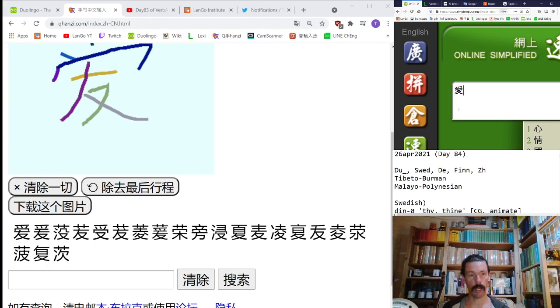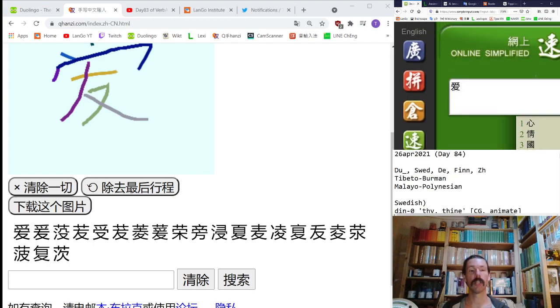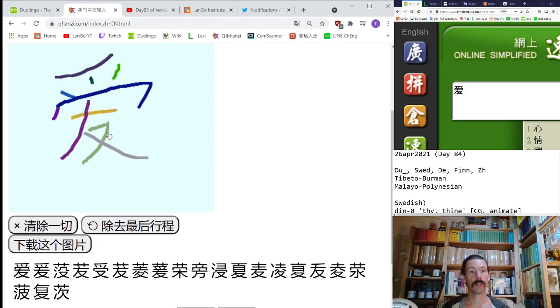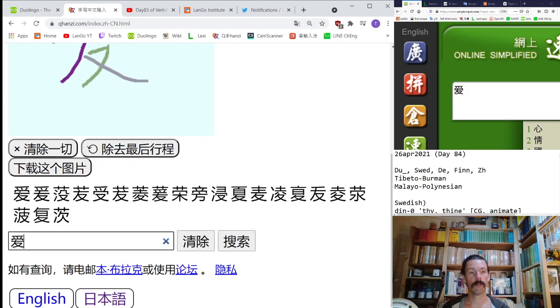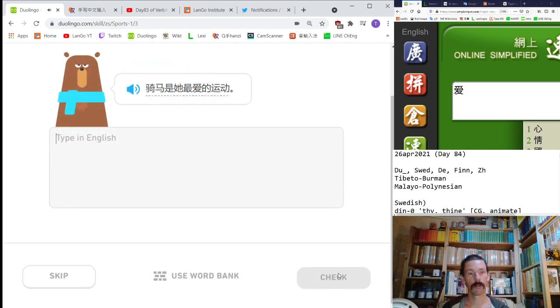There it is. 爱. If we simplify, yeah, B B and then K E writes it. B B, of course not. Never mind. But this is 爱, to love. Simplified. We're going to plop that in. 最爱的运动. 骑马是她最爱的运动. Riding horses is her favorite sport.